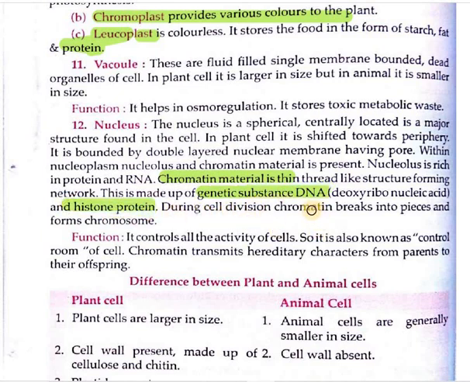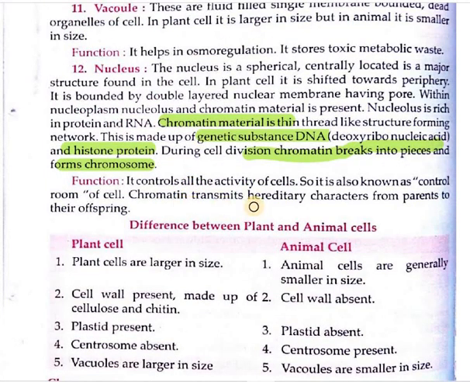During cell division, chromatin breaks into pieces and forms chromosomes. Functions: it controls all the activities of the cell, so it is also known as the control room of the cell. Chromatin transmits hereditary characters from parents to their offspring.